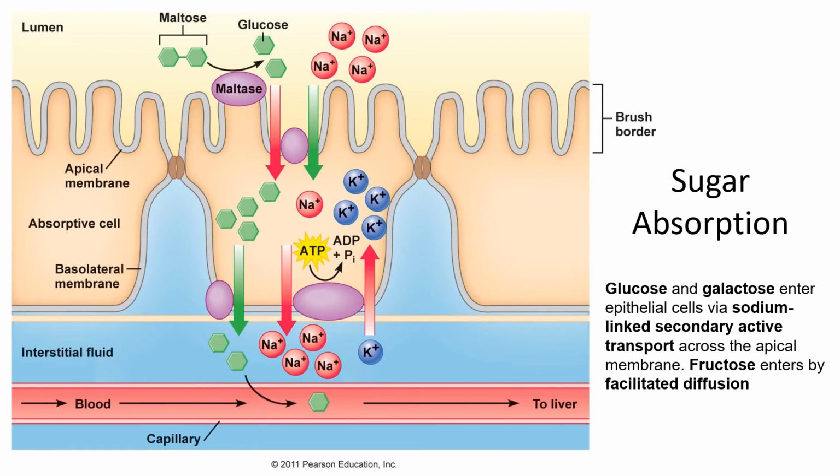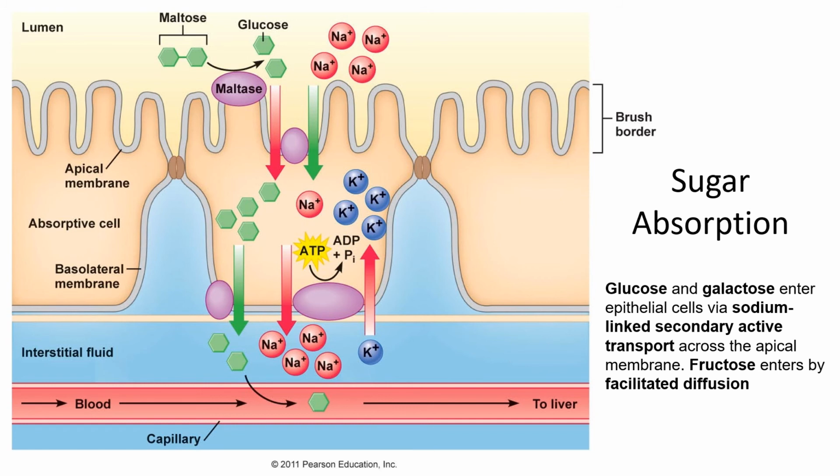And this requires some energy in many cases. So glucose and galactose are co-transported with sodium ions. There's a protein that actively moves them across these two membranes, and that requires ATP to be expended. In some cases, some other monosaccharides and even disaccharides can move into the cell without requiring energy by facilitated diffusion.